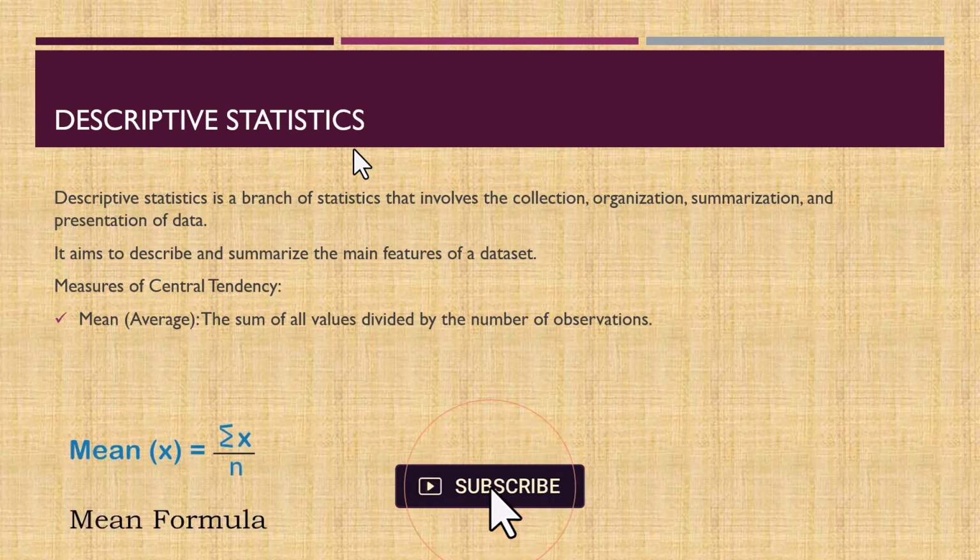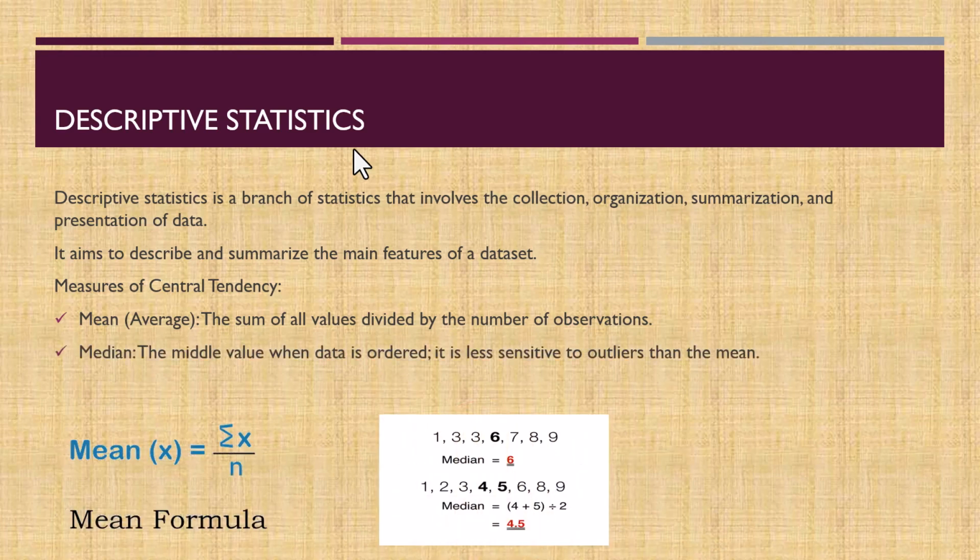So that's the mean. We have the median, and median in most cases is the middle value when data are ordered, and it is less sensitive to outliers than the mean. When I say less sensitive to outliers than the mean, it implies that when your data has outliers, the median becomes the best measure of central tendency.